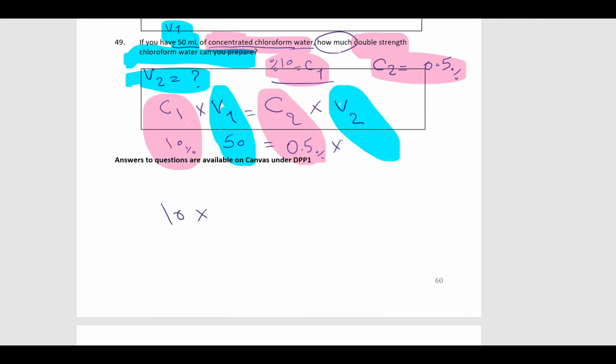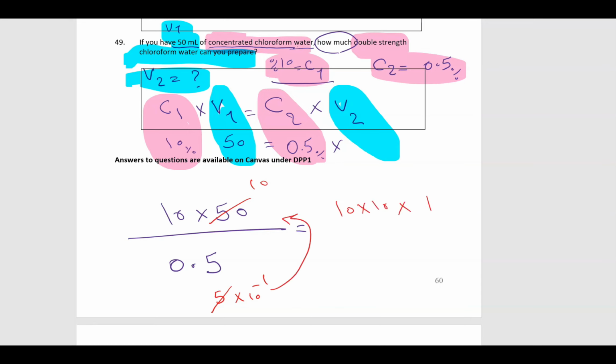So 10 times 50 divided by 0.5. That's equal to 5 times 10 to the power of minus 1. So 5 goes with 50, and it's 10. And 10 times 10, when you bring this one up, it would be 1000 milliliter I can make with the concentration of 0.5 or double strength.